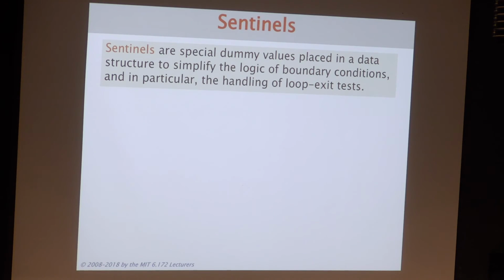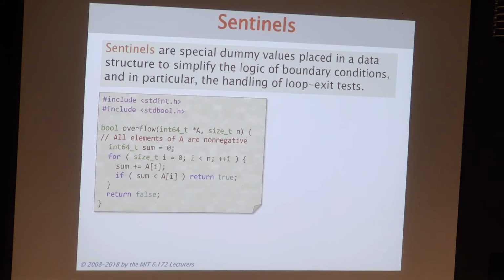OK, sentinels. Sentinels are special dummy values placed in a data structure to simplify the logic of handling boundary conditions, and in particular, the handling of loop exit tests. Here I again have this program that checks whether the sum of the elements in some array A will overflow if I added all of the elements together.